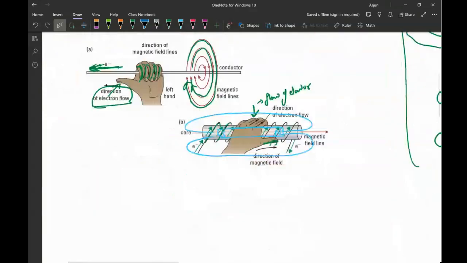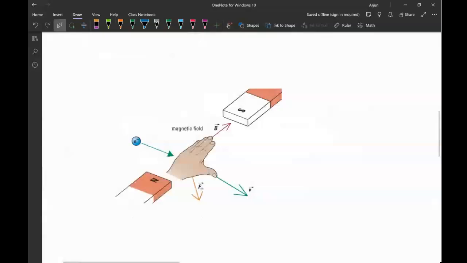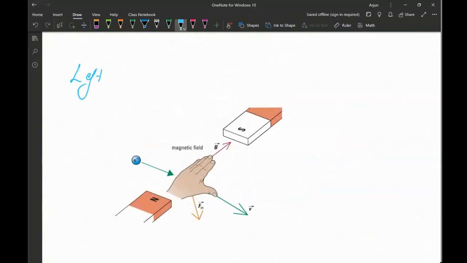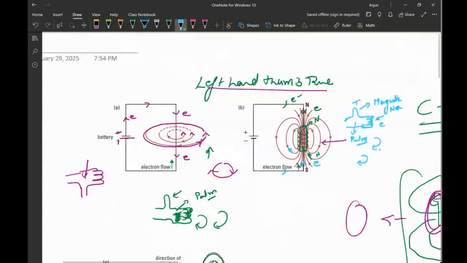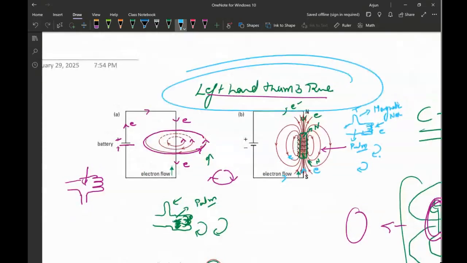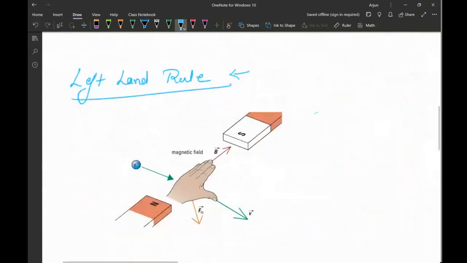Now, the next thing I'm going to talk about is the left hand rule. The previous one was the left hand thumb rule. This rule is different from the left hand rule. So what is the difference?